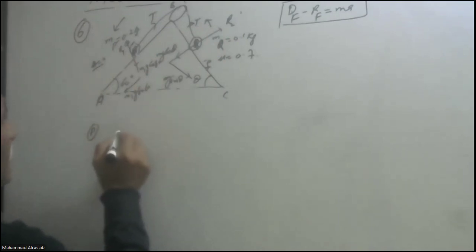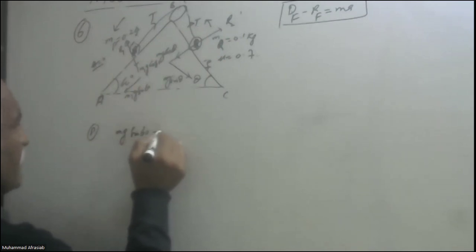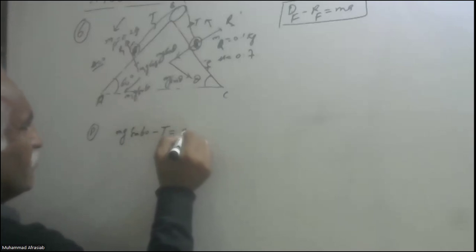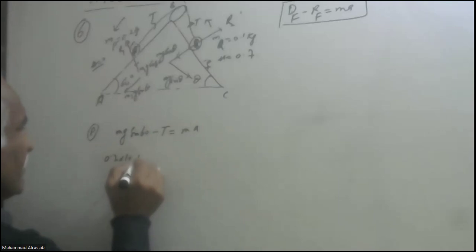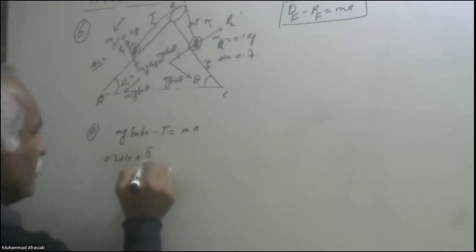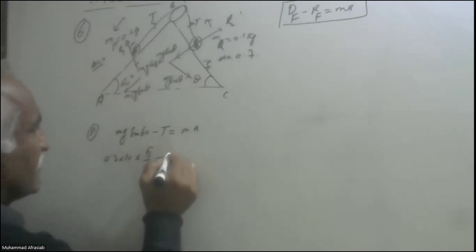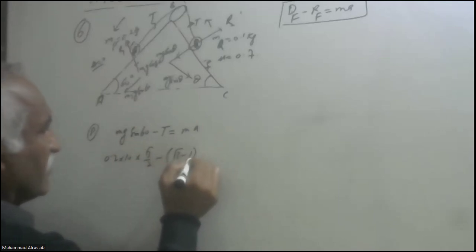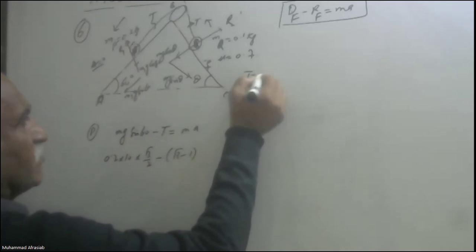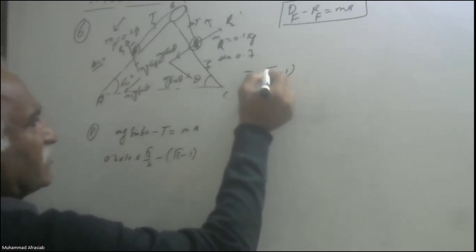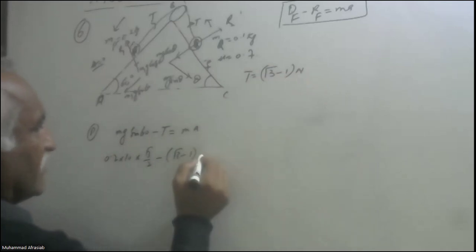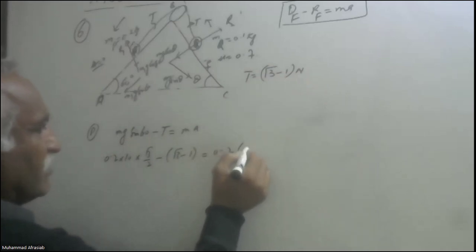So for this particle P, it is moving downward, so it should be equal to mg sine of 60 minus tension is equal to ma. Since m is 0.2, g is 10, sine of 60 is root 3 over 2, minus tension there is root 3 minus 1, because tension is equal to root 3 minus 1 Newton, and that is equal to 0.2 into acceleration a.